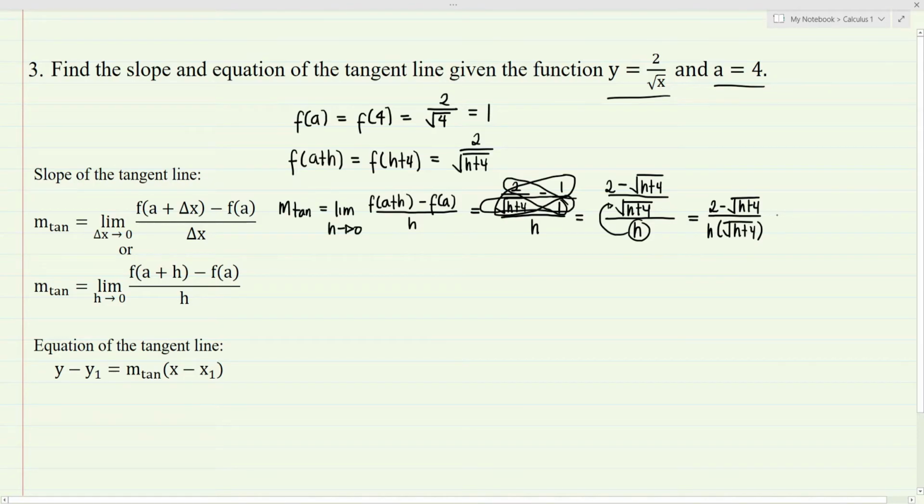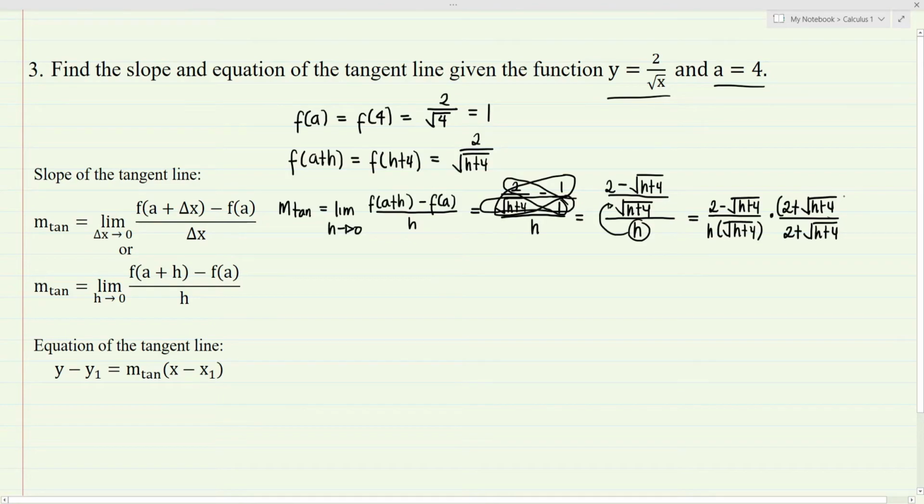To further simplify this one so that we can solve for its limit, I would have to remove the radical in this numerator here and this h in the denominator. To do that, I would have to multiply both the numerator and denominator with the conjugate of the numerator, and that would be 2 plus square root of h plus 4 all over 2 plus square root of h plus 4.